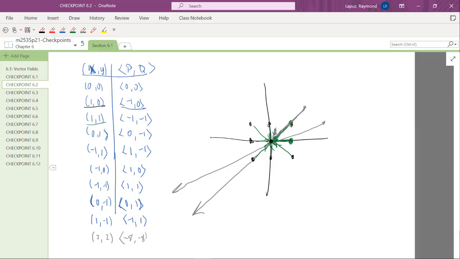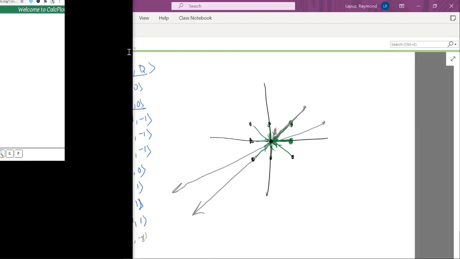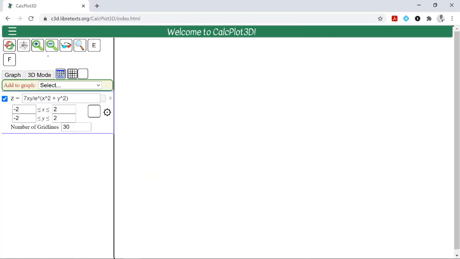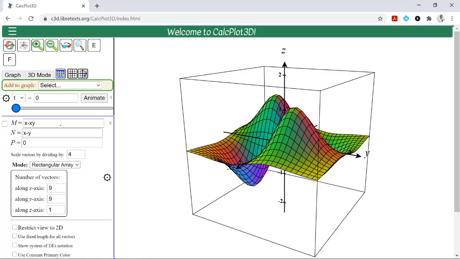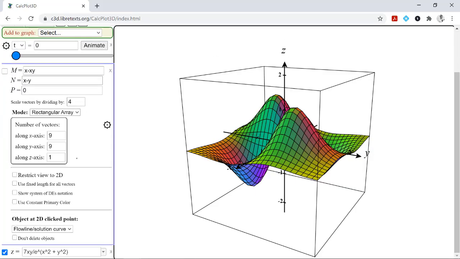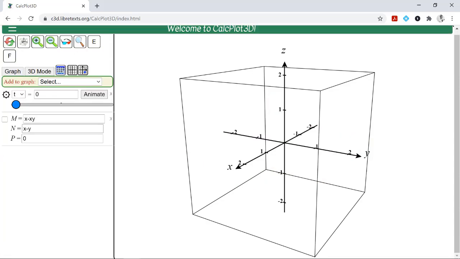Now to actually get a nice picture out of this, we could take a look at the graph using a graphing tool, the CalcPlot 3D tool. Highly encouraged for this class. We can draw a vector field. Let's get rid of this default function and draw our vector field, negative x cubed, negative y cubed.